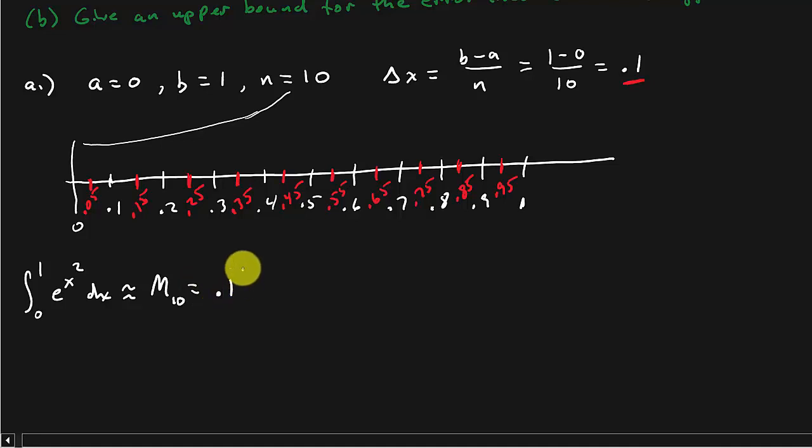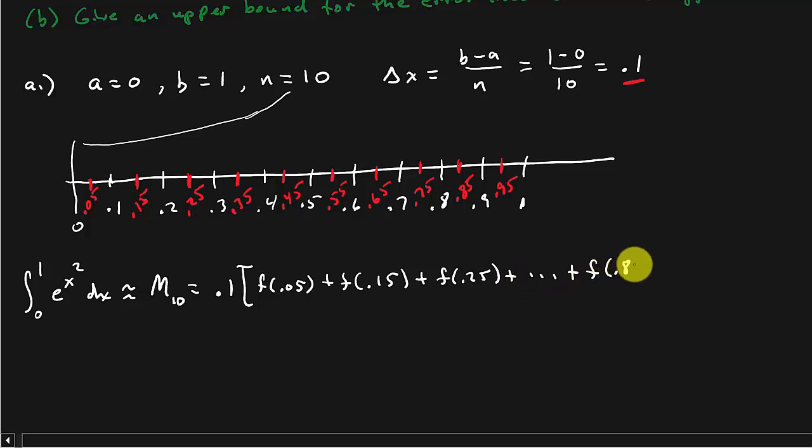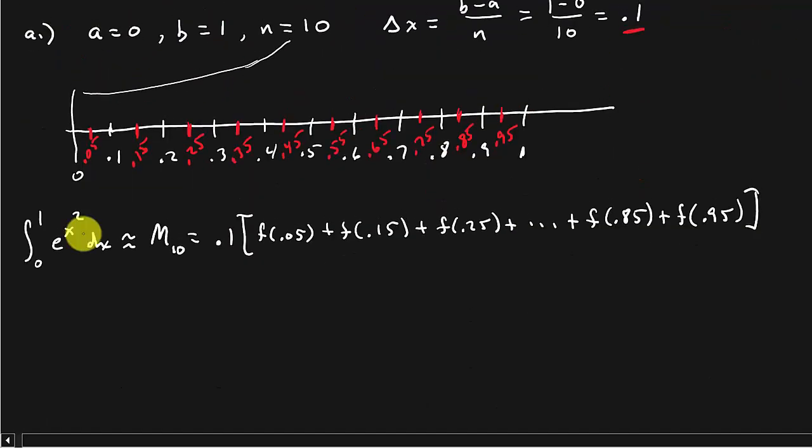So that's delta x, which is 0.1, times f of 0.05 plus f of 0.15 plus f of 0.25 plus, and I'm not going to write everything, plus f of 0.85 plus f of 0.95. Basically, we're taking each one of these midpoints and plugging them in for x right here.